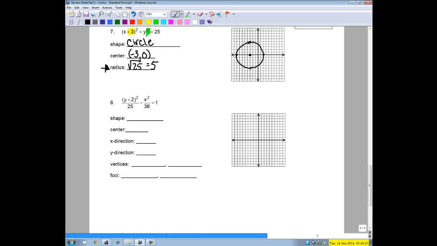This is a hyperbola. It's the only thing that has more than one vertices. So the shape is a hyperbola. The center is at whatever is with your x, and then whatever is with your y. And see that the x is second, so you have to make sure to pay attention to that. There's nothing with my x, and there's a plus 2 with my y, so it's negative 2.